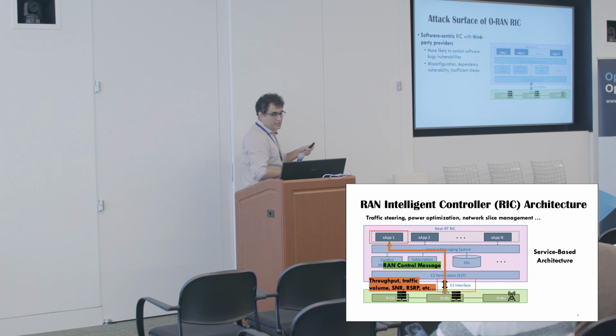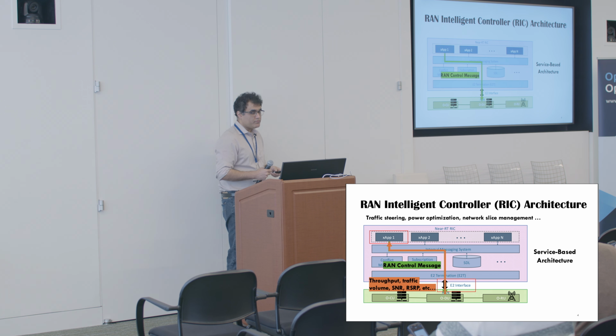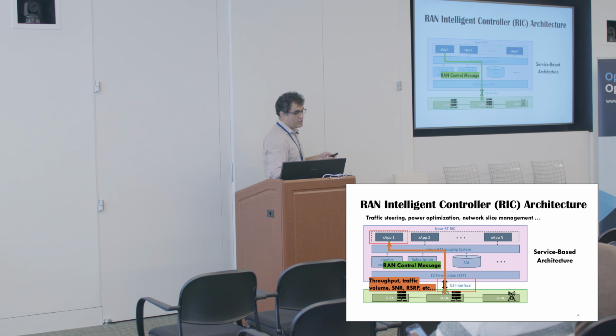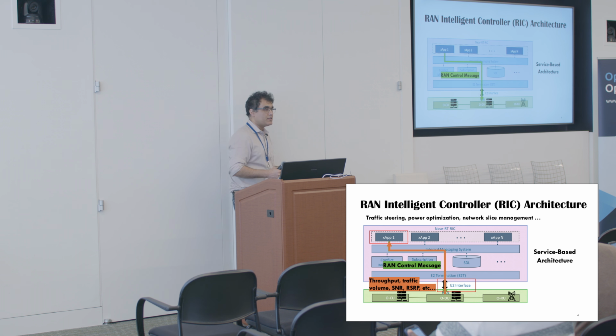So everything you can see on the top is softwareized. Of course, RU, DU, and CU, many things are now softwareized, as Brendan mentioned in the previous talk, except that we have a few hardware components at the very bottom of the physical layer.